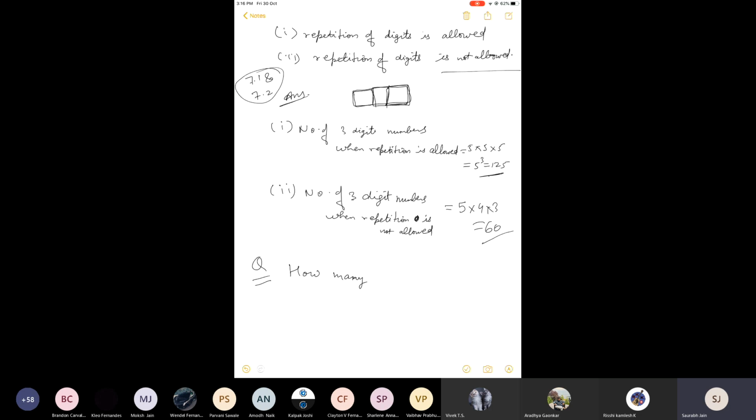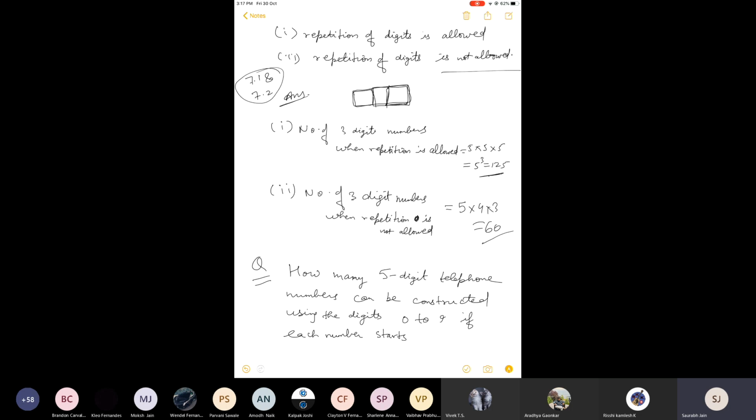How many five-digit telephone numbers can be constructed? We are going to make some series of numbers, using the digits 0 to 9, if each number starts with 67.